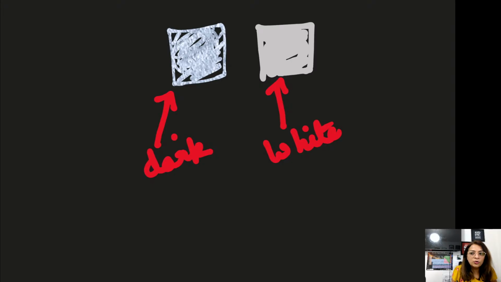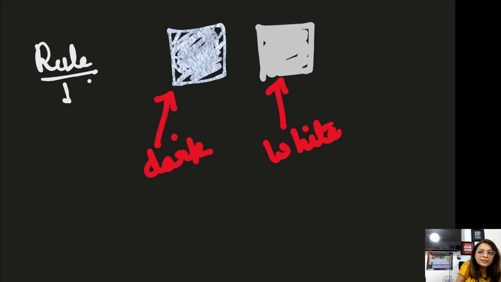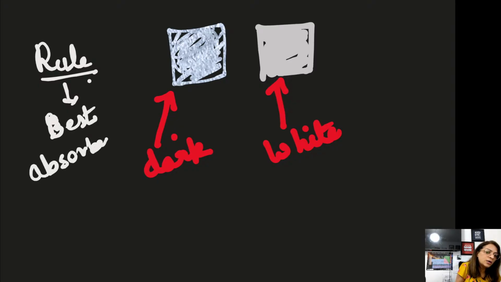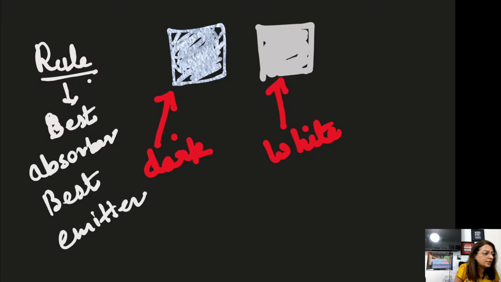The rule, which is the most important part, if you can remember for tomorrow, hopefully this will help you, is: a best absorber of radiation is also a best emitter. A best absorber is also a best emitter.